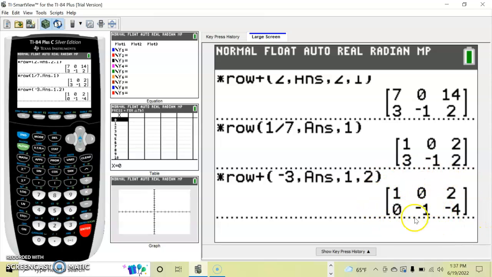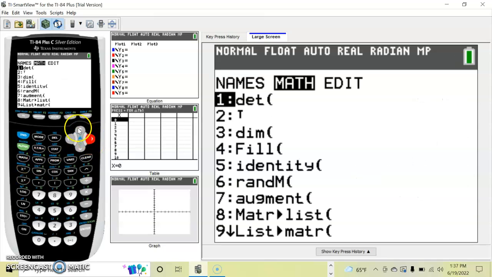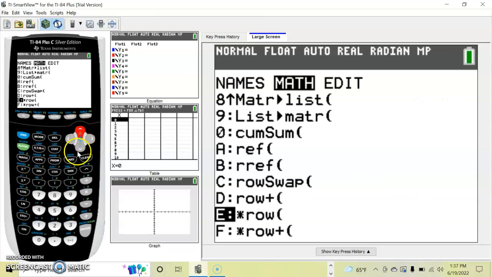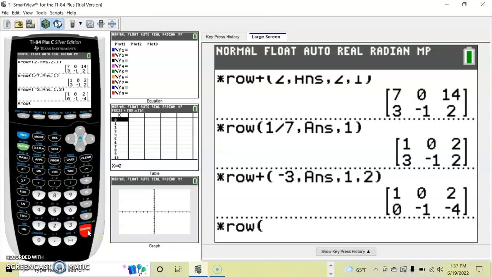So the last thing we have to do is turn this -1 into a positive 1. So I'm just going to multiply row 2 by -1. Although, I mean, the answer is obvious at this point, but for completeness. So let's go to matrix, and we're just going to do the times row, and we're multiplying -1 in the matrix that we just edited, and we're multiplying -1 to row 2.